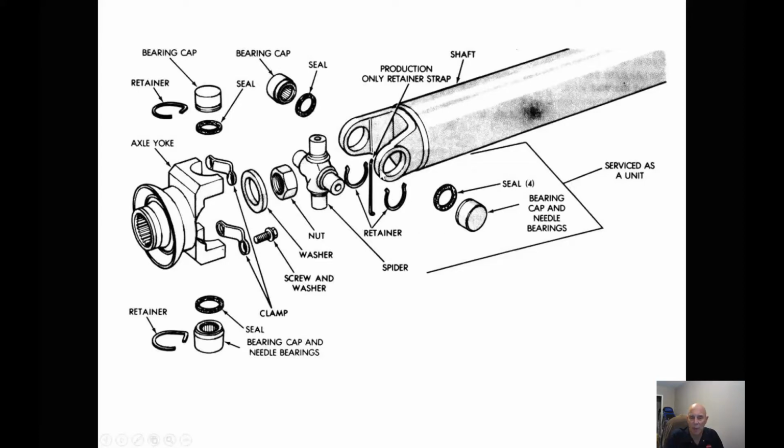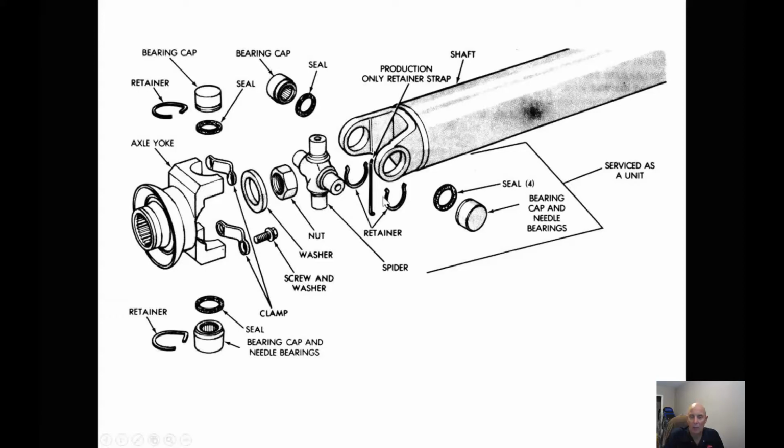So again, we're going to clean up these holes, make sure that they're nice and clean, make sure these are clean. Now with the smaller U-joints, we really run the risk of the needles coming out. So put a little bit of grease inside the bearing cap to retain the bearings, and then put it together and tap it together. Make sure that those bearings don't fall down inside or they'll end up on the end cap.